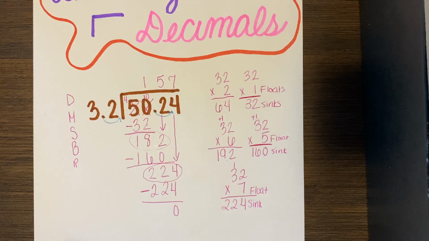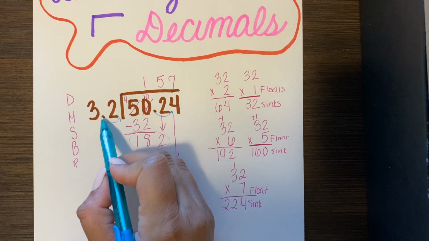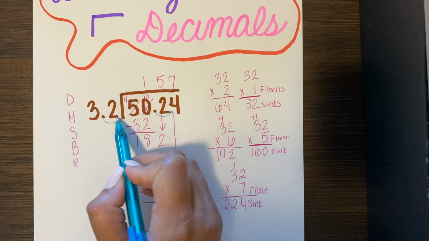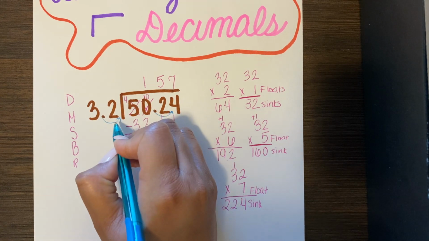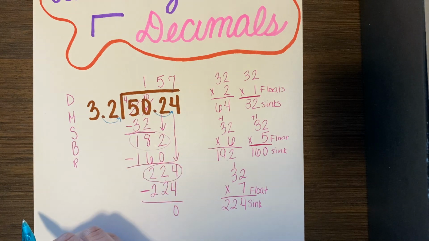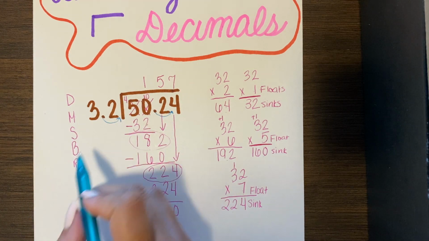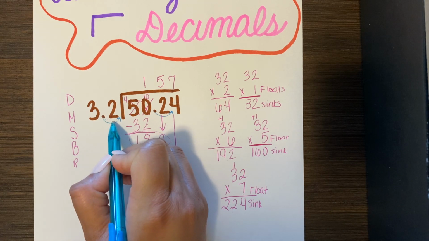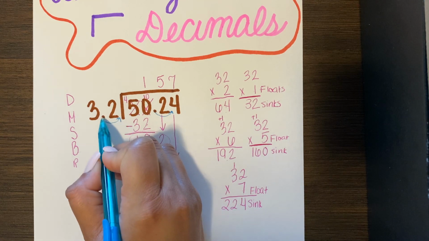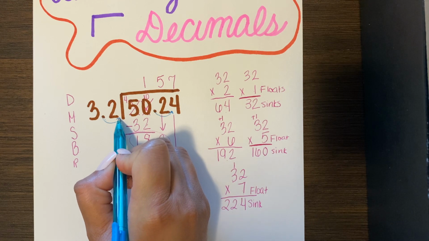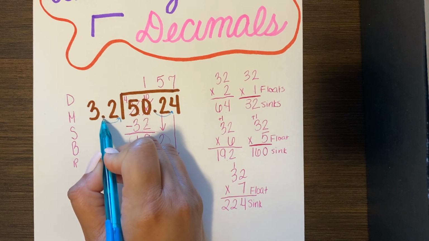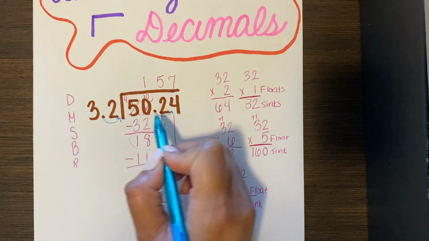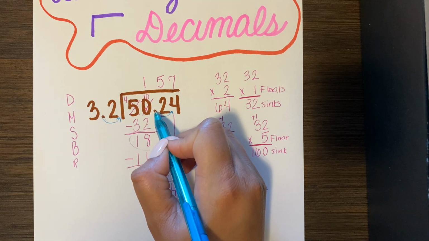Okay. So what we did, you want to slide your decimal point to the right, however many spaces you need to make a whole number. So what I did, I turned that 3 2/10 into a 32 by moving the decimal over one space. If I move the decimal over one space on the side in my divisor, I'm going to do the same thing in the dividend.